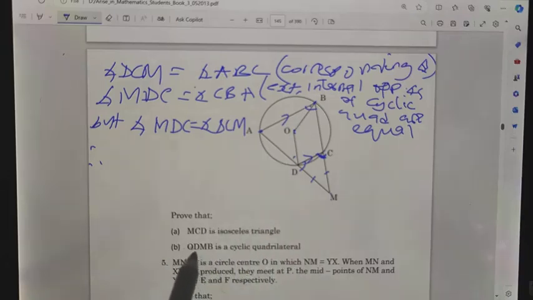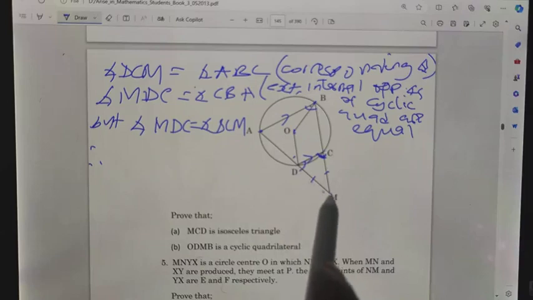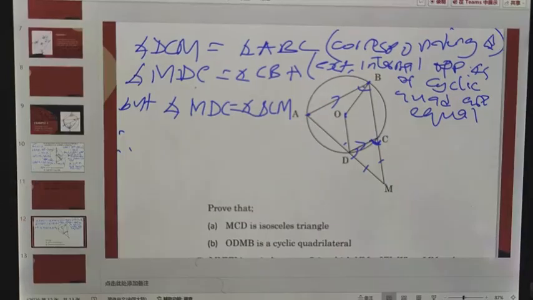Now the other point is for us to show that ODMB is a cyclic quadrilateral. So we are now going to do B. ODMB is a cyclic quadrilateral.